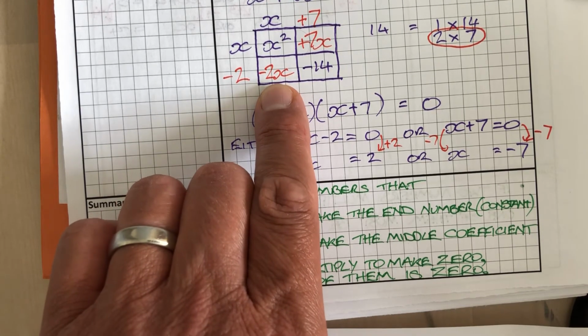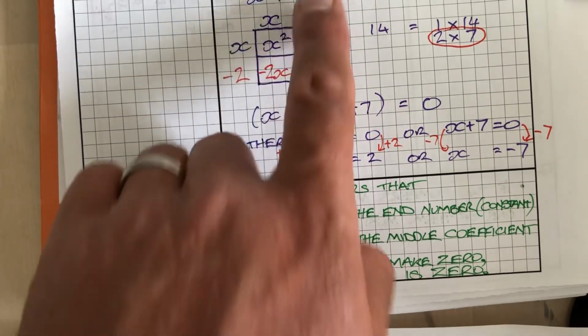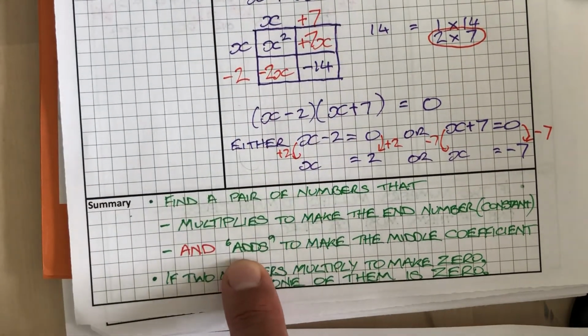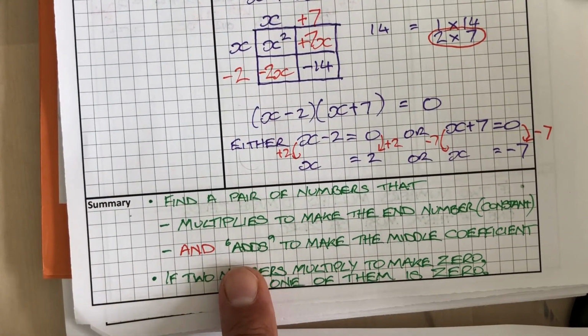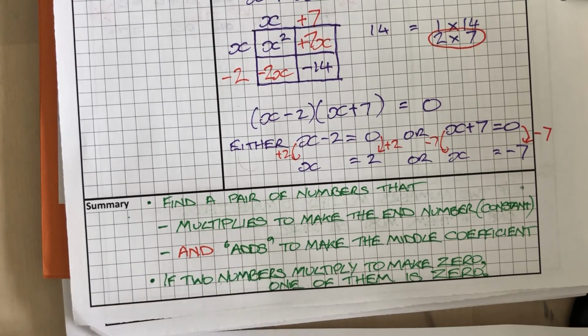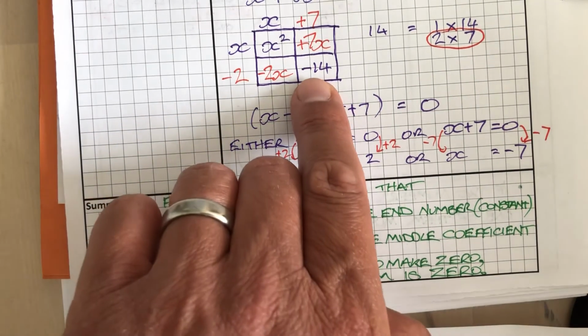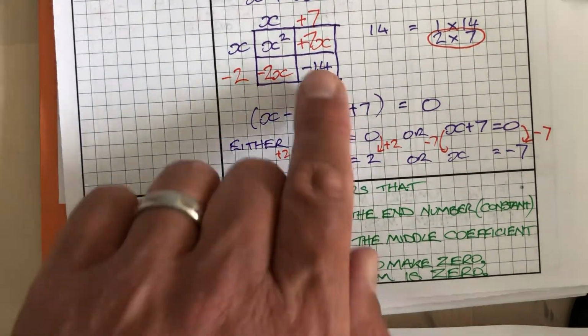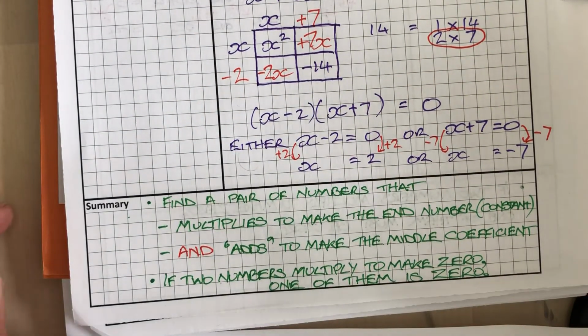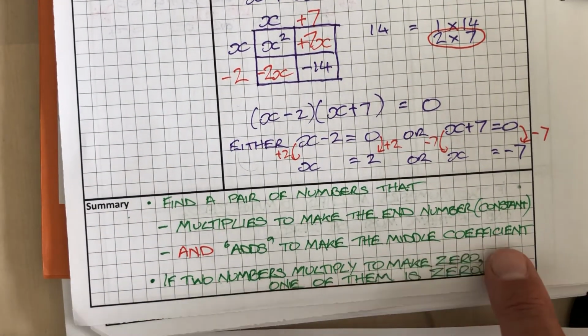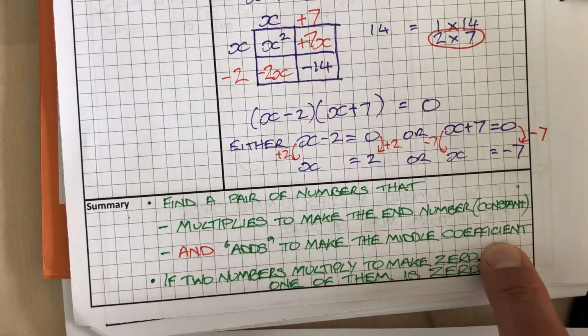But it's easier to think of it as being 7 take away 2 here. It might be easier to think of it as being add if this is positive and take away if this is negative. They've got to make the middle number, the coefficient of x.